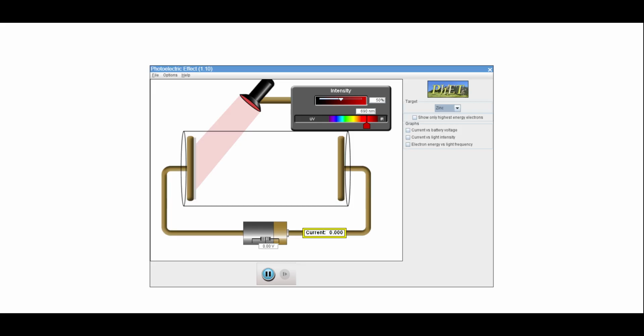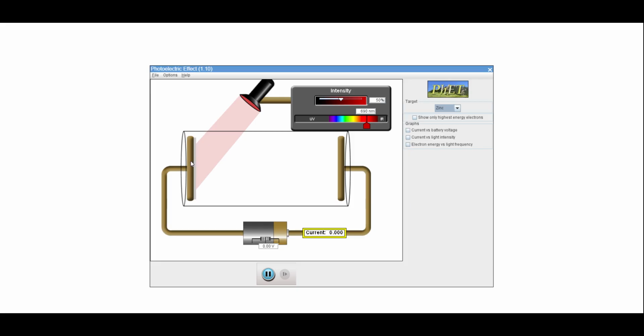This experiment showed very, very interesting results that could not be explained by the wave theory of light. Now, the wave theory of light tells us that the lamp is emitting waves, continuous waves, that are travelling across space and landing on the metal plate.